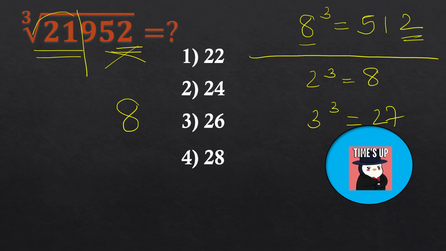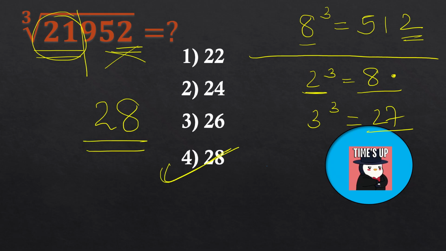So 21 lies between 8 and 27, correct? But you need to choose the smaller one. Smaller one is 8, correct? So cube root of 8 is 2. So 2 will be the first digit and this is your answer. So fourth one is the correct option.